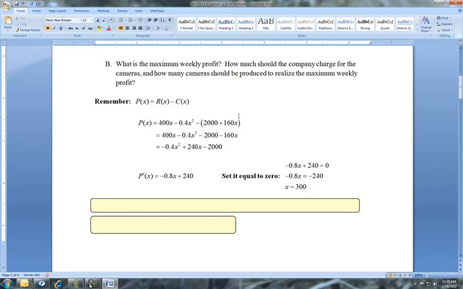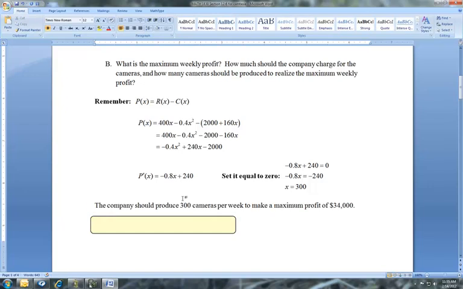And the other one, what is the maximum weekly profit? Well, I need to put my 300 in to my x value for my profit. So let's see what I did first. The company should produce 300 cameras per week to make a maximum profit of $34,000, and they should sell the cameras for $280.